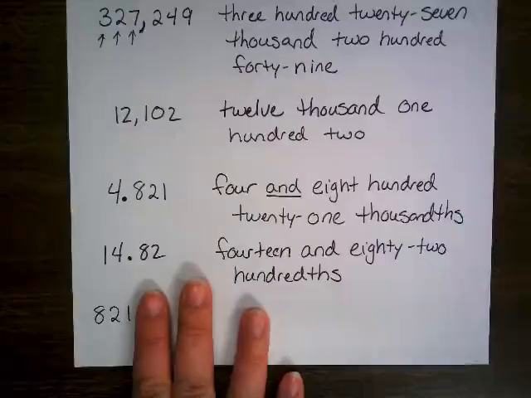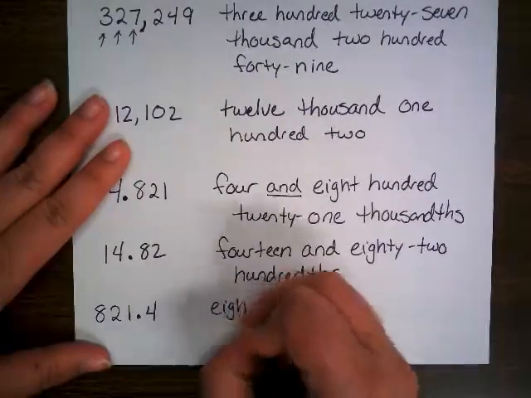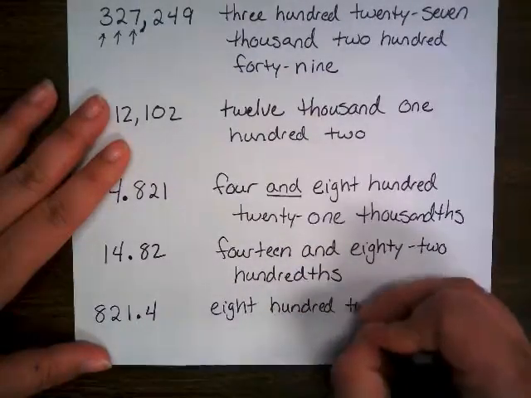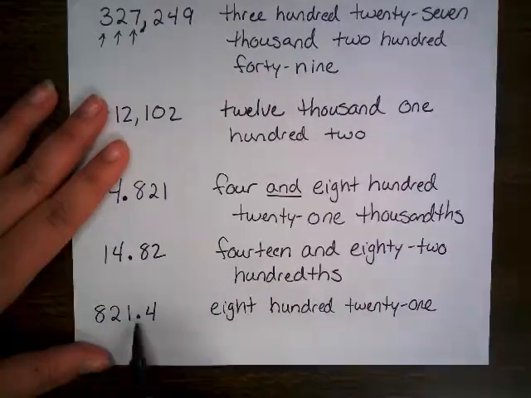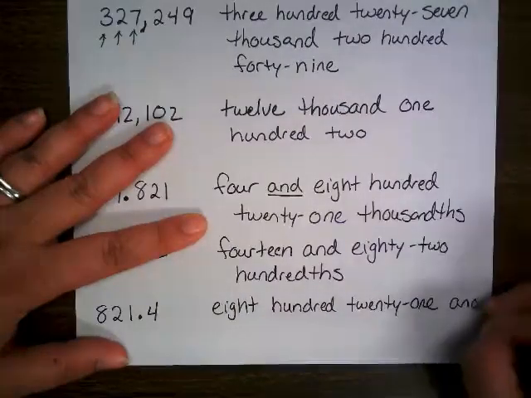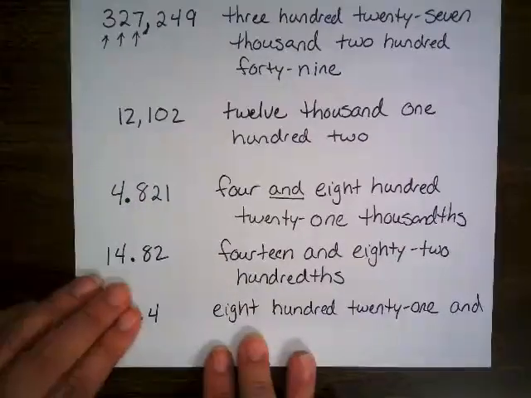Do you see the 821? So I'm going to go ahead and write 821. Now, who remembers what the super secret code word was for the decimal? Yep, "and."